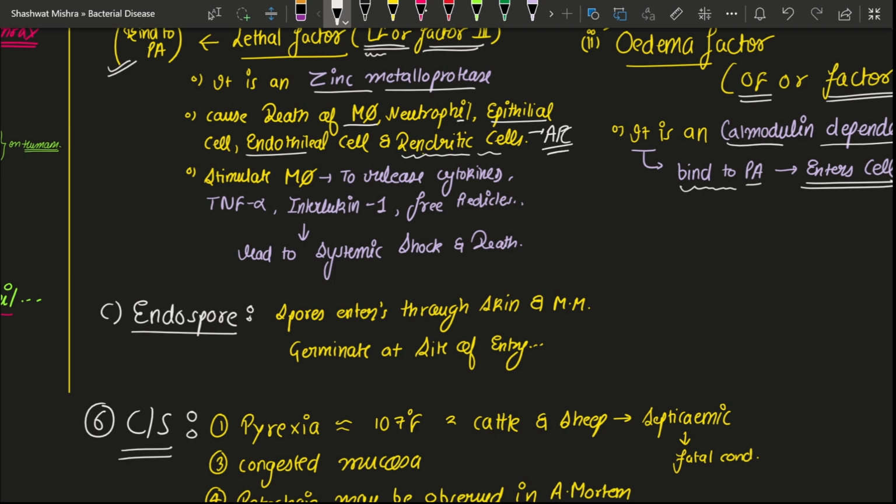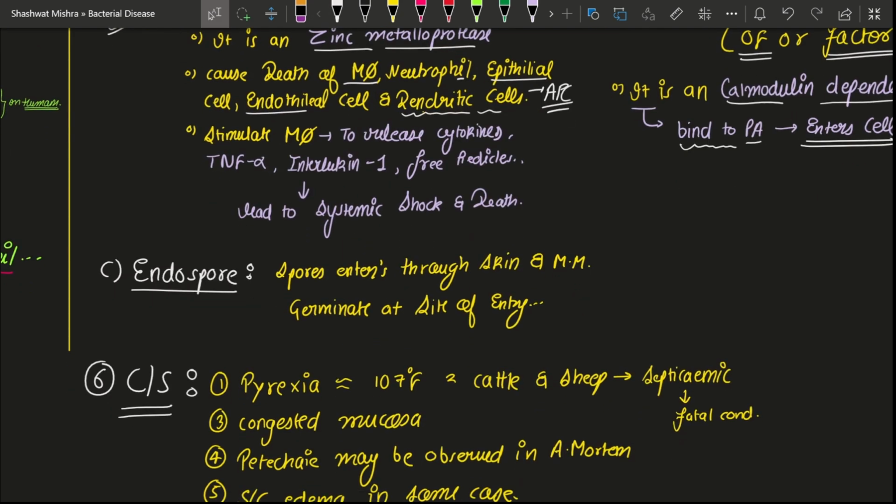It stimulates the macrophages to release cytokines, TNF alpha, interleukin 1, and free radicals, which ultimately lead to shock and the death of the animal, because these are all released as a response towards the bacteria, and they ultimately lead to systemic shock and the death of that particular animal.